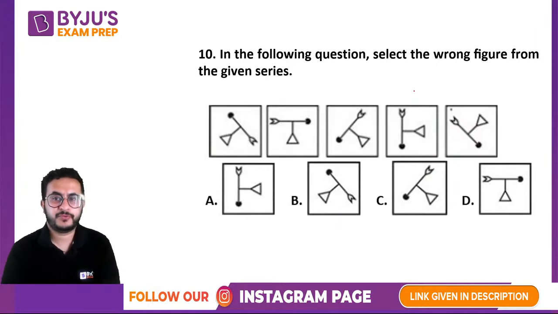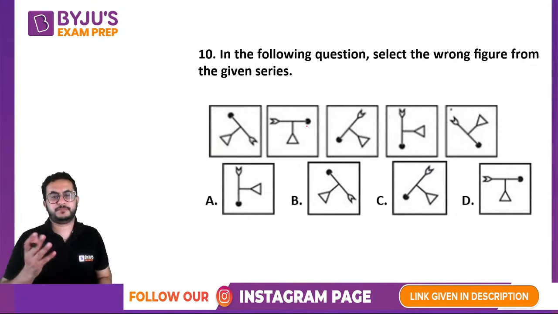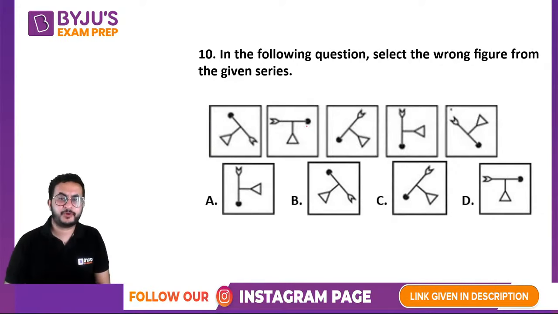Okay, so in the following question, select the wrong figure from the given series. Now this is a series, right? Unlike the previous one, which was random, this is a proper series. Select the figure which is wrong.